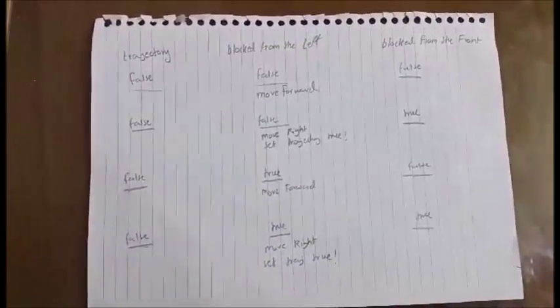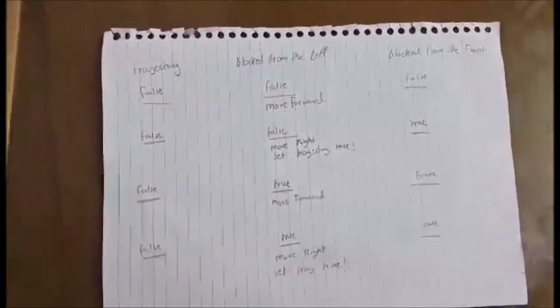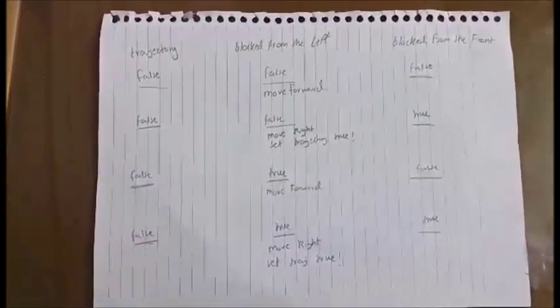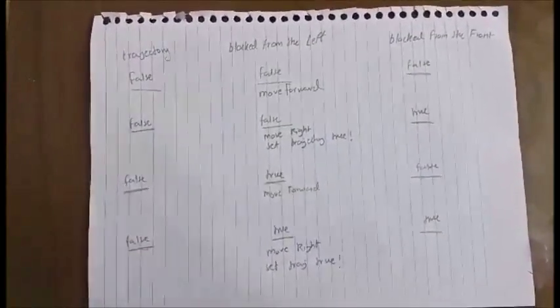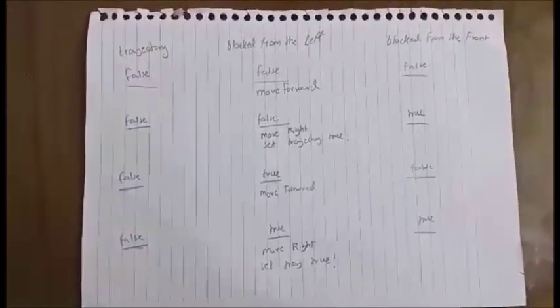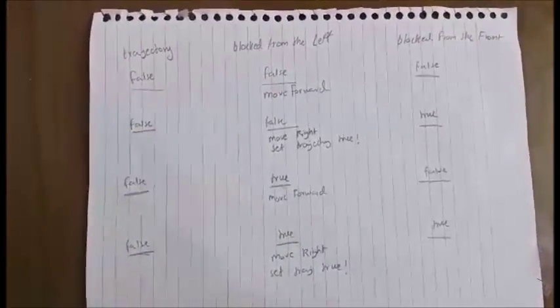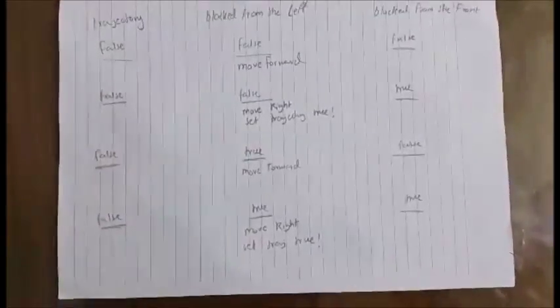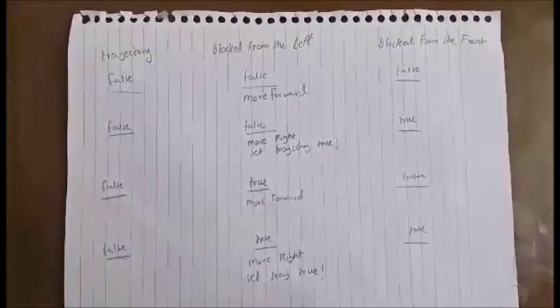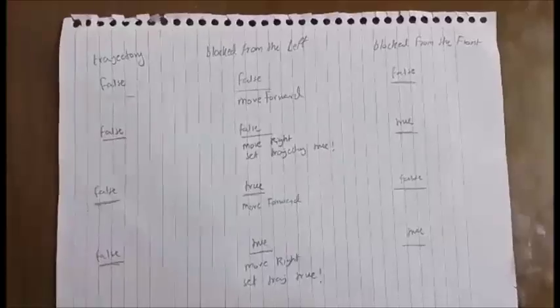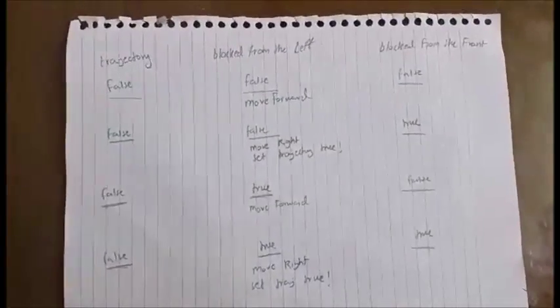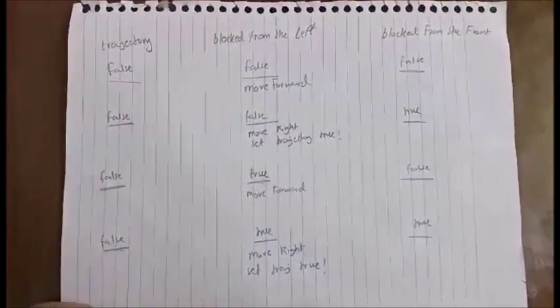When the car isn't blocked from the front, and it isn't trying to get around some object, and it's blocked from the left, we don't really care, because we're not trying to get around an object, so we just move forward. However, when it's blocked from both directions, we also don't care about the left direction, because it doesn't really matter to us. We're trying to get around an object, so we just move to the right.